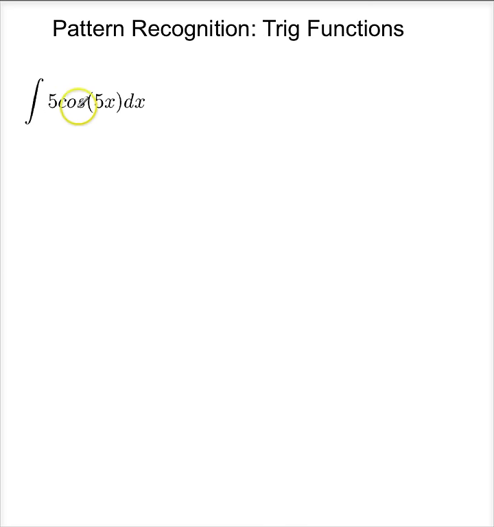Suppose I have something like the integral of cosine of 5x dx. Let me rewrite this as the integral of cosine of 5x times 5 dx. Now let me do colors here. My outside function, f, is equal to what?